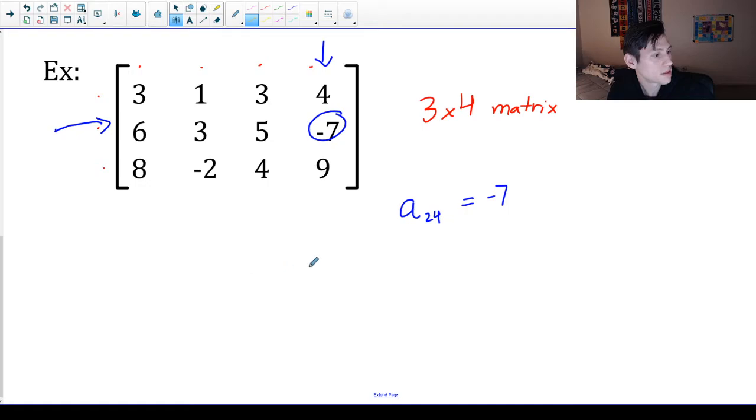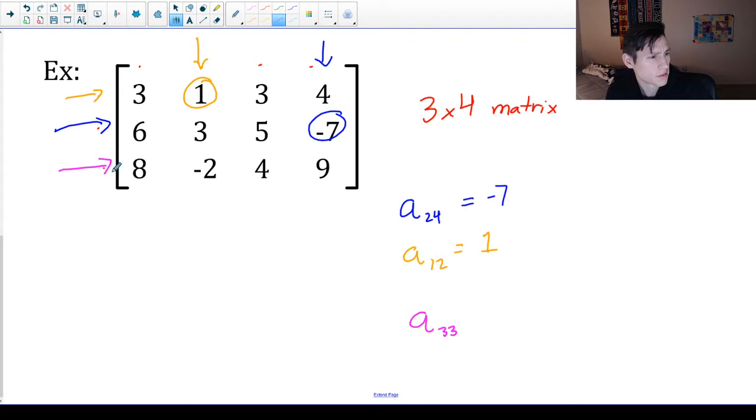Or if I wanted to know a12, I go to the first row, that's what the 1 represents, the row number. And then I go to the second column. So that spot is where the 1 is. Or let's say a33.